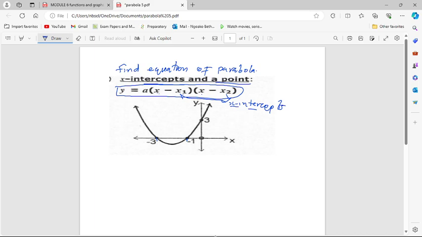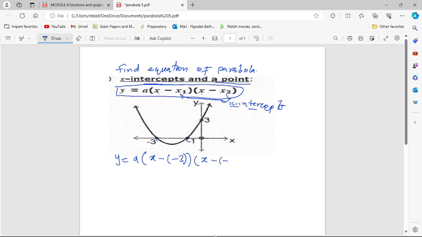Now let's substitute them first. So we're going to have y equals a into x minus, and what do we have here? We can substitute as they are because of the minus in the formula, so we say minus negative 3, then we close the bracket, into x minus, and what do we have here?